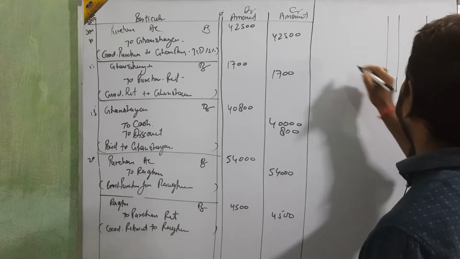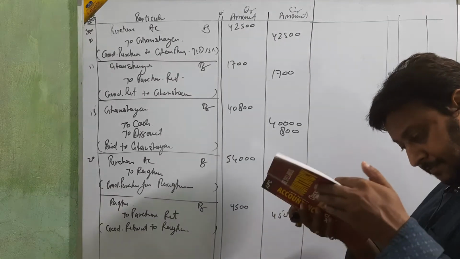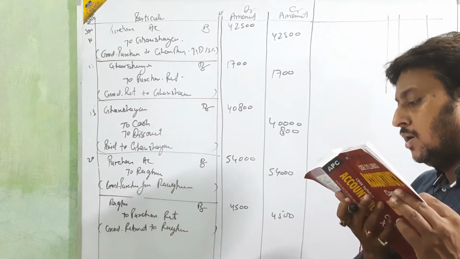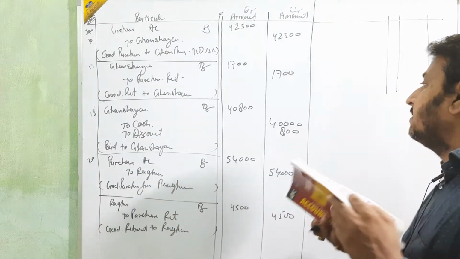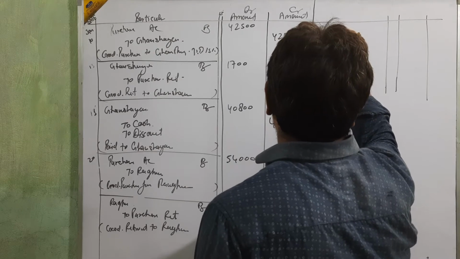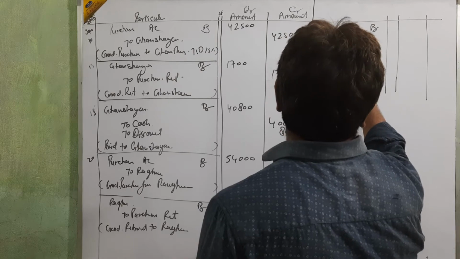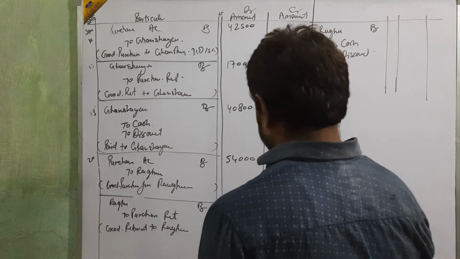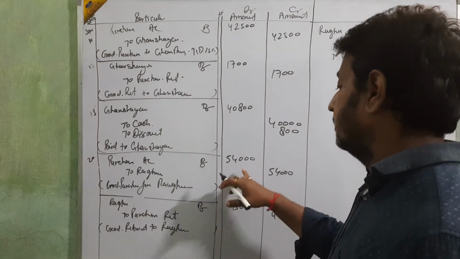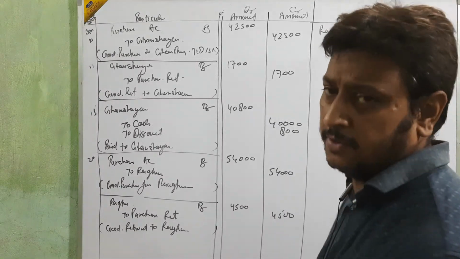We are going to make a very small one. Next is paid cash to Raghu 49,000 in full settlement. Raghu debit to cash and to discount received, because 54,000 purchase less 4,500 is 49,500.